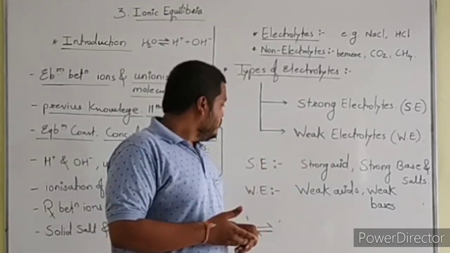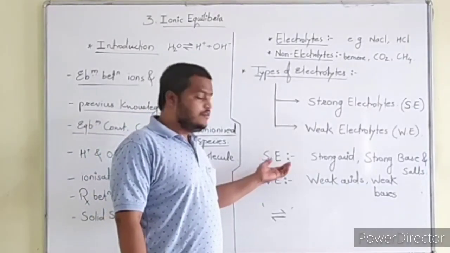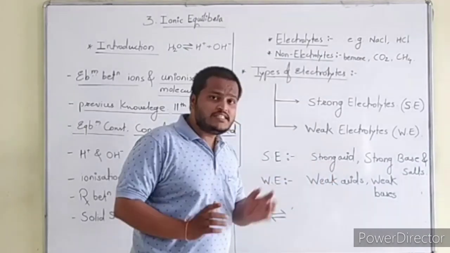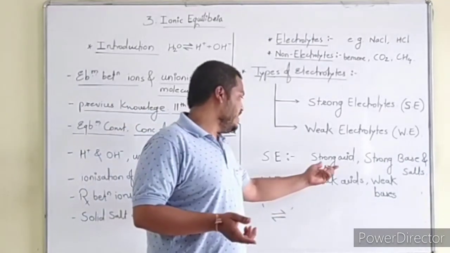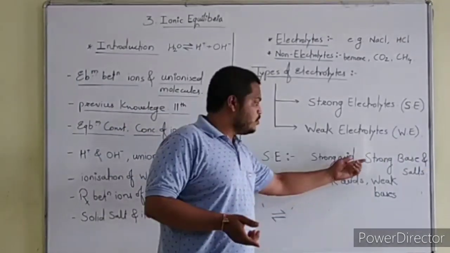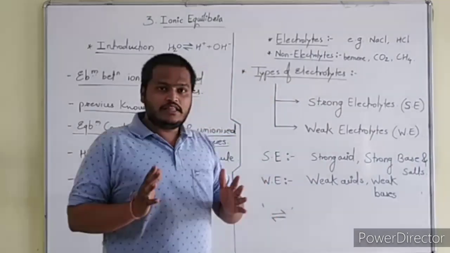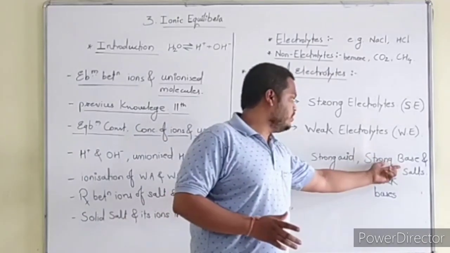Examples of strong electrolytes are first strong acids. Strong acids dissociate completely, and they are acidic in nature. Strong bases are also strong electrolytes because they also dissociate completely, but they are basic in nature.